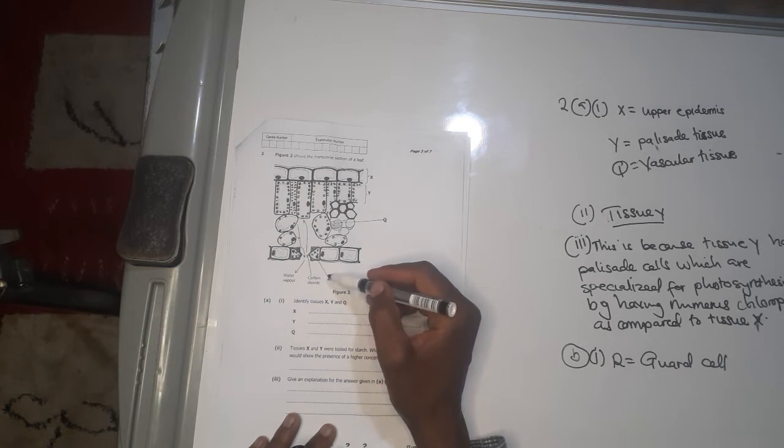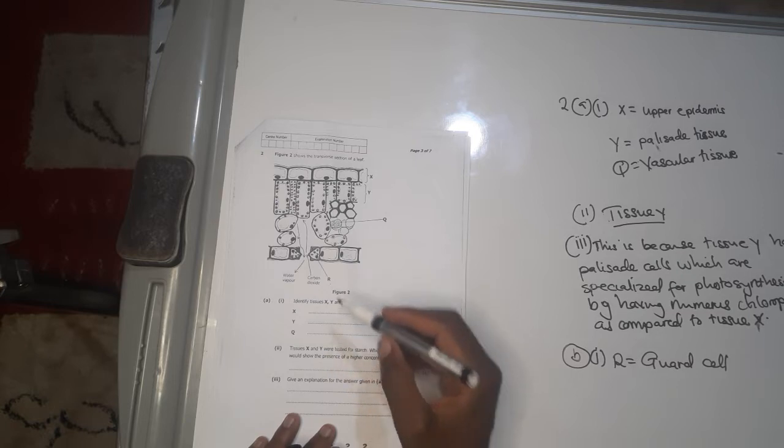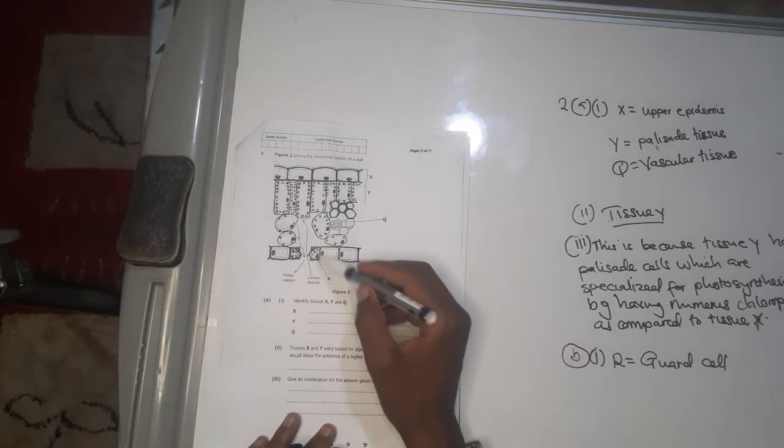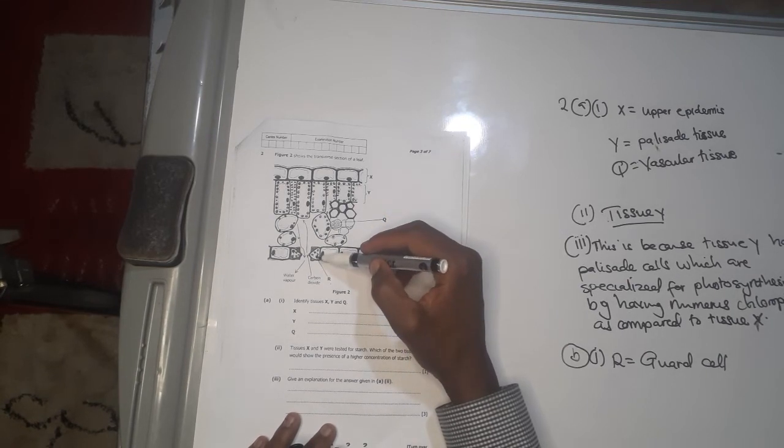Okay, we have a number of features which are common in cell R and these tissues. First of all, R has chloroplast. Even tissue X and Y, they also have chloroplast. Cell R has the cell wall.